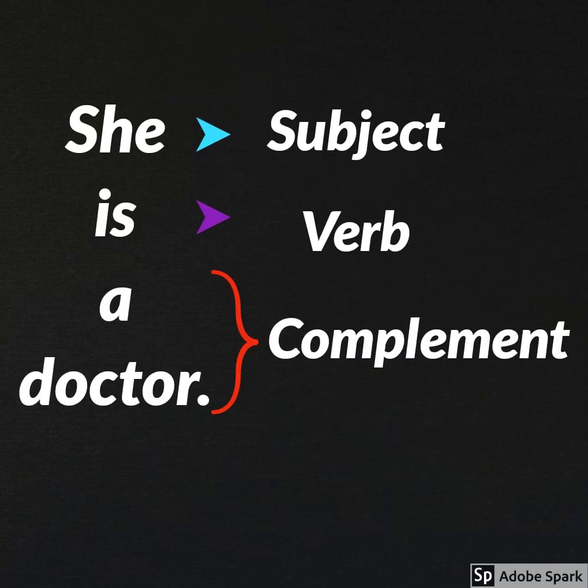She is the subject, is the verb, and a doctor here is not an object, but it is needed to get the sentence completed. So there it becomes the complement. Clear, children? Some of you had doubt regarding transitive and intransitive verbs. I hope your doubts are cleared now.